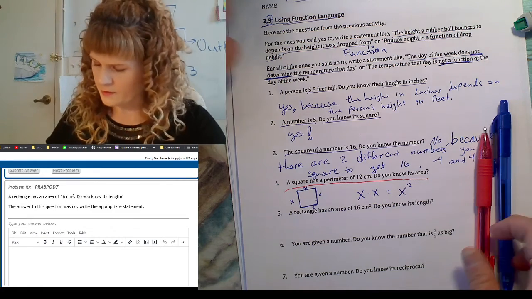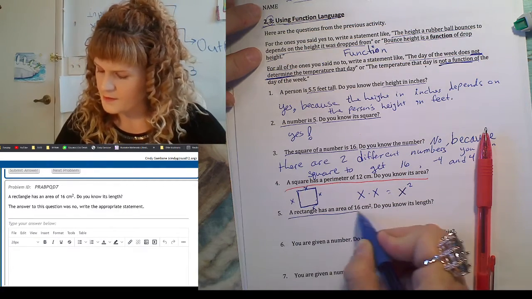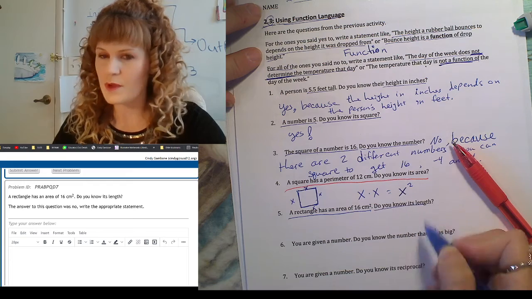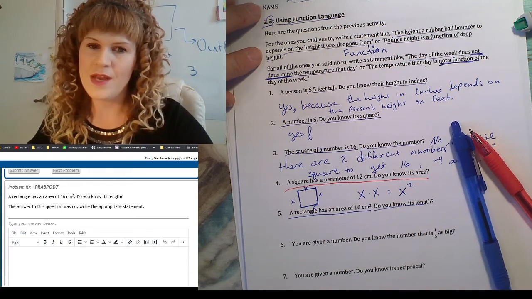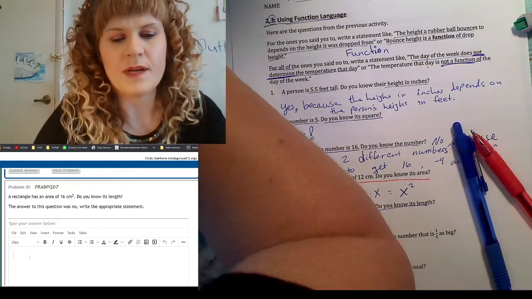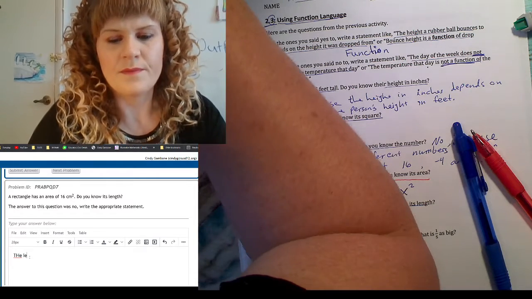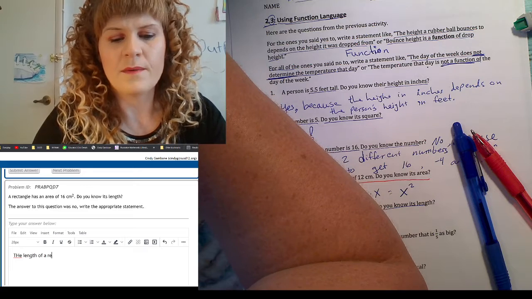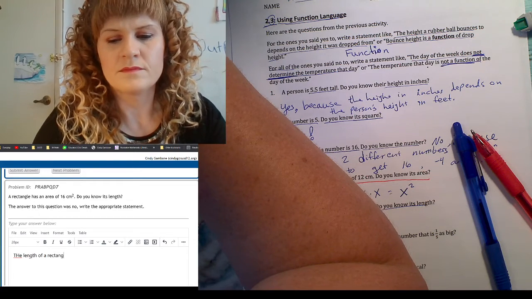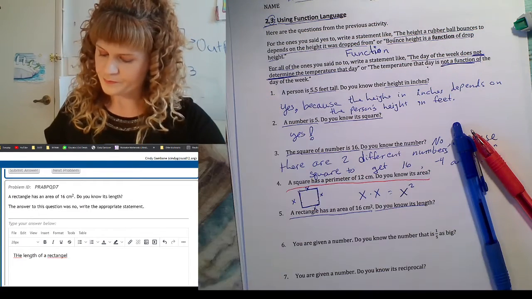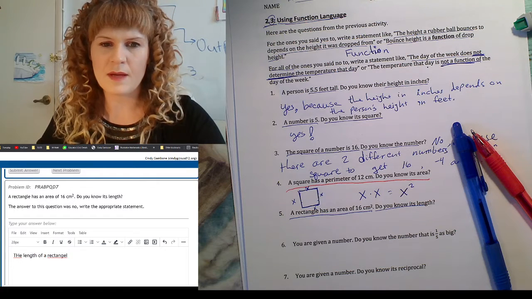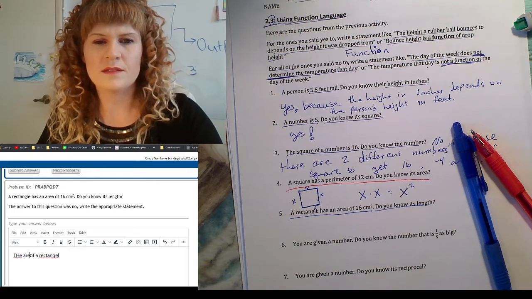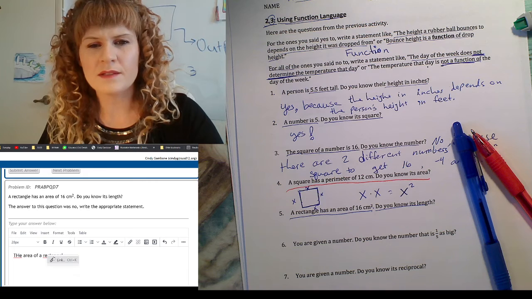A rectangle has an area of 16 centimeters. Do you know its length? No, not for this one. The area of a rectangle... Wait, I'm typing it in backwards. The area of a rectangle.